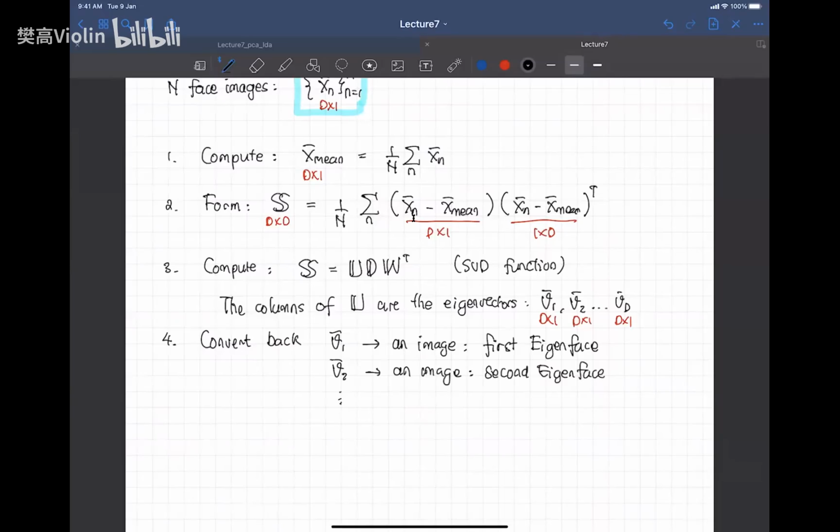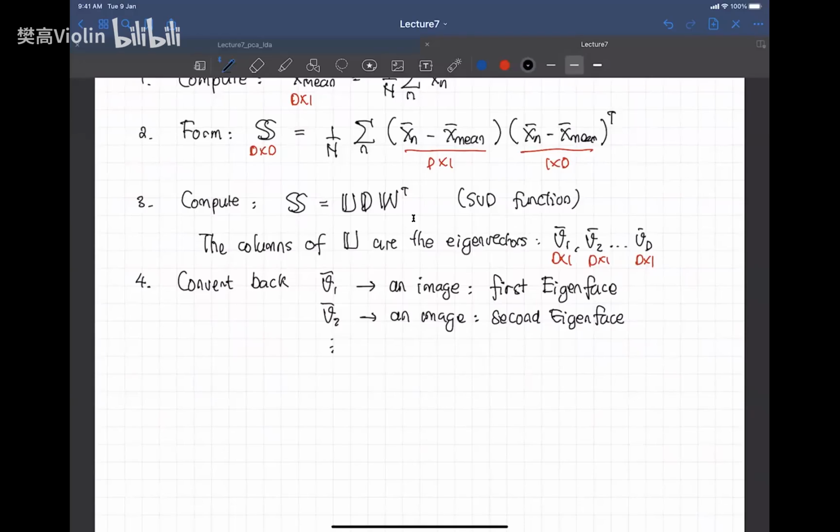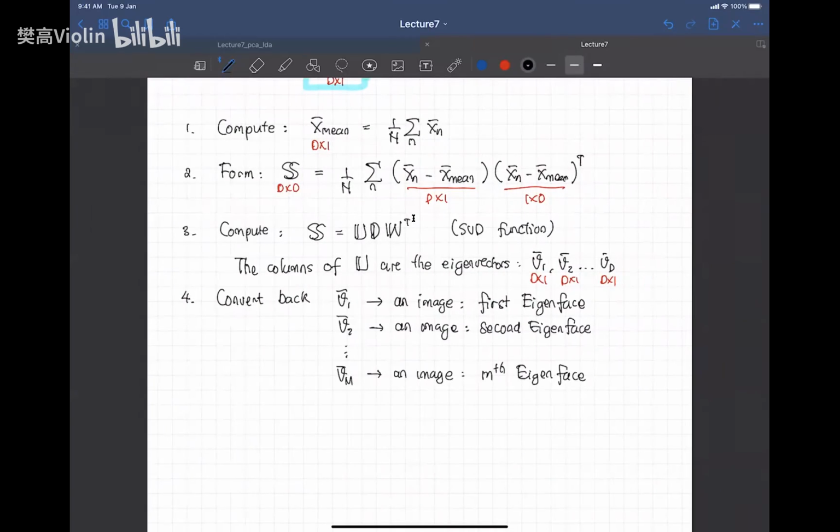And then you can go up to D if you want, or if you want to reduce the dimensionality and the complexity, you can go up to M, the Mth eigenface. So that's all actually. These are called the eigenfaces.